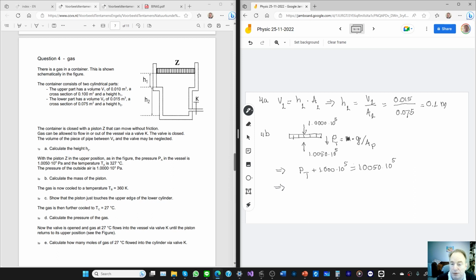Let me see, I can just plug this in and find an expression for M. But let's first just calculate what P sub P is. I need to subtract these.